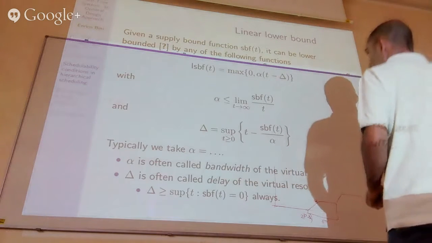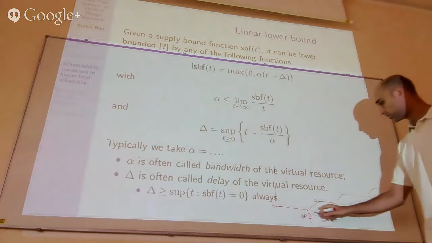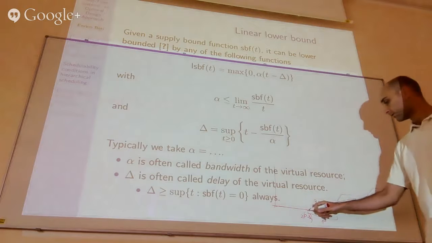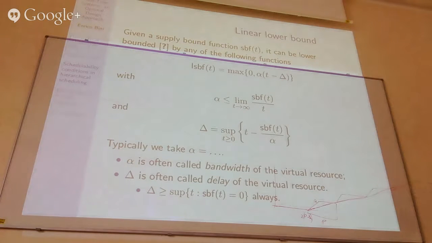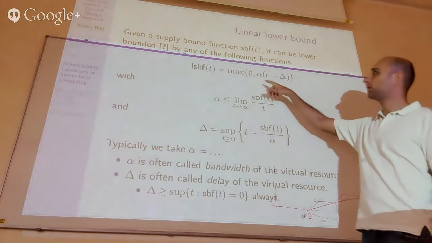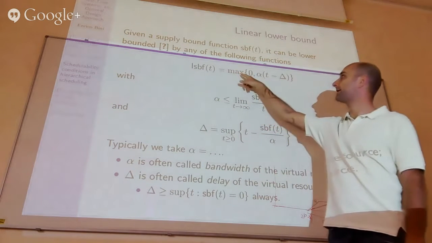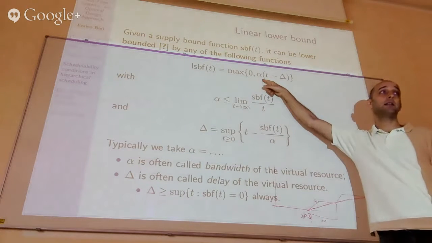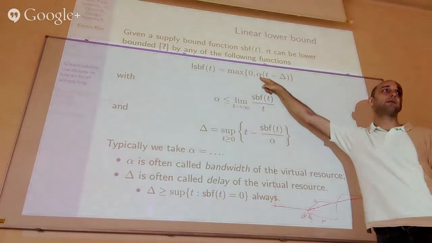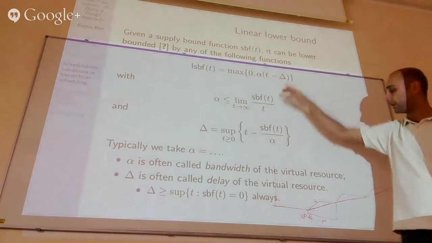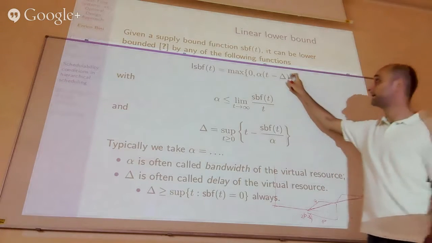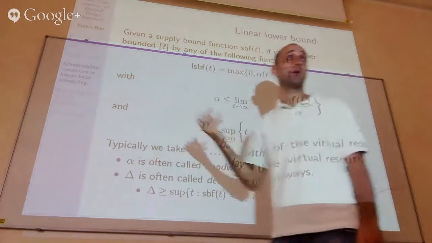So a linear lower bound is something that goes through here. For a given SBF, you may want to find a linear lower bound defined as the max between 0 and the linear bound. The linear bound has slope alpha and intercepts the x-axis at delta. We want this to be as tight as possible.